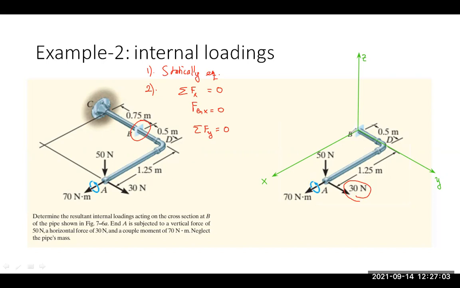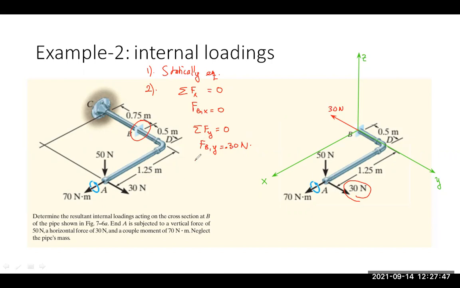So at point B, there must be a reaction force appearing here in the opposite direction, with the same magnitude of 30 Newton. So we have here F at point B in y direction is equal to 30 Newton. But this is minus because it is opposite to the external load.